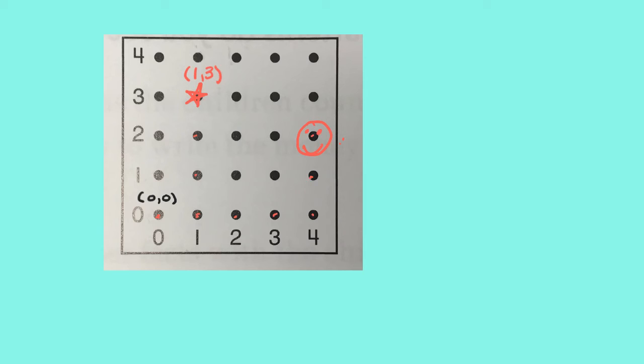So the happy face family's house is right 4 spaces and up 2 spaces. The first number always tells us how far right to go, and the second number tells us how far up to go. We can use the numbers at the bottom of the graph and on the left side to help us.